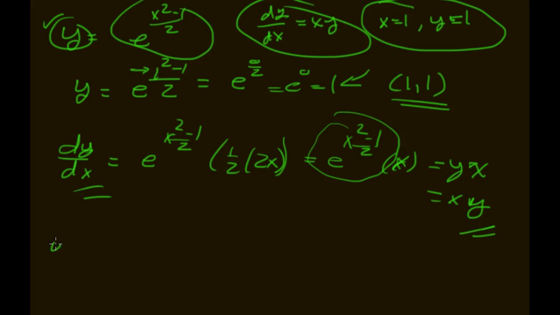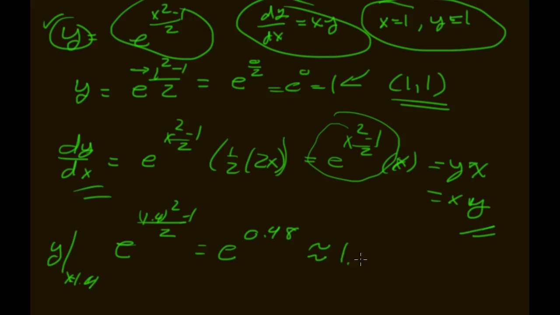If I find y when x is 1.4 using the actual analytic solution, I get e to the (1.4 squared minus 1) over 2, which works out to be e to the 0.48, which is approximately 1.616.